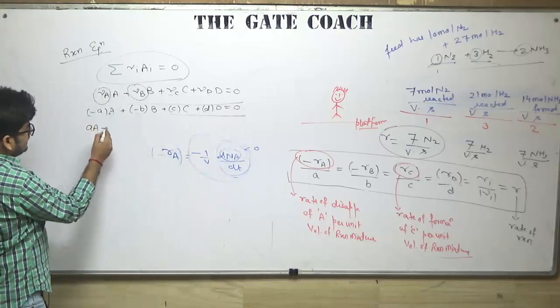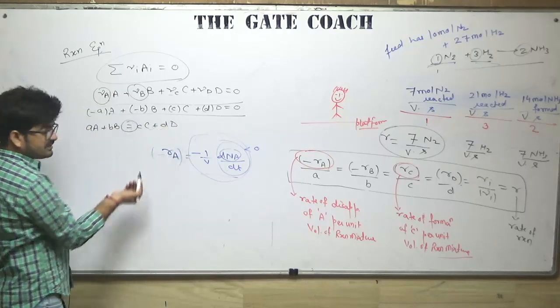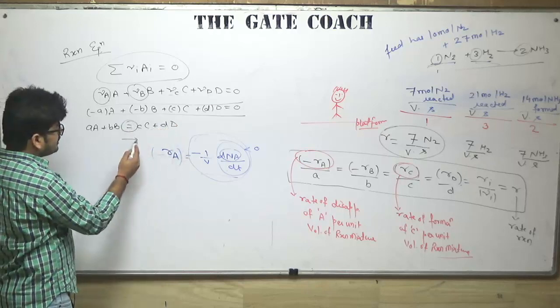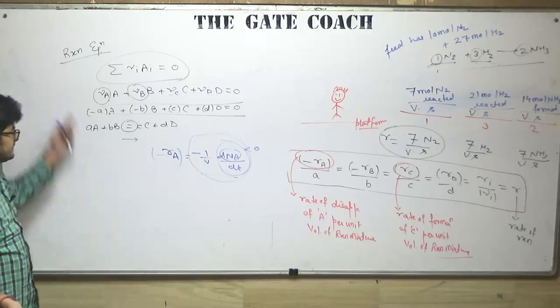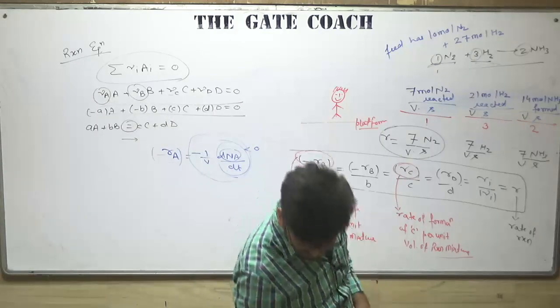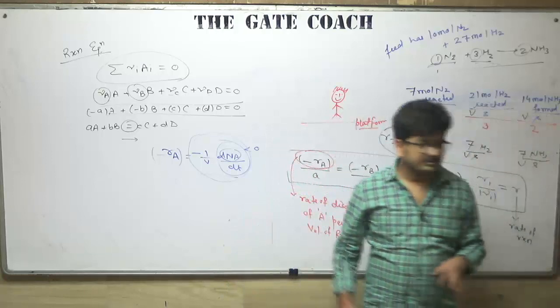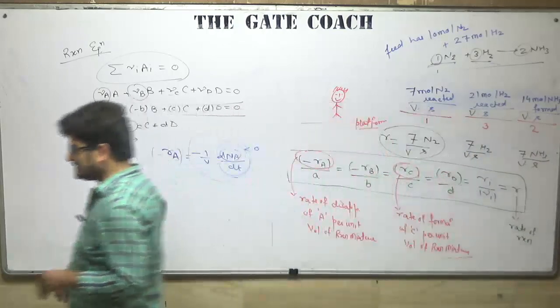It will become A plus B equal to C plus D. And for a chemical reaction, you can use either equal or a single arrow; the meaning is the same. That's why we use negative signs in simulation software. So there is no need for confusion. It's simple. Just understand.